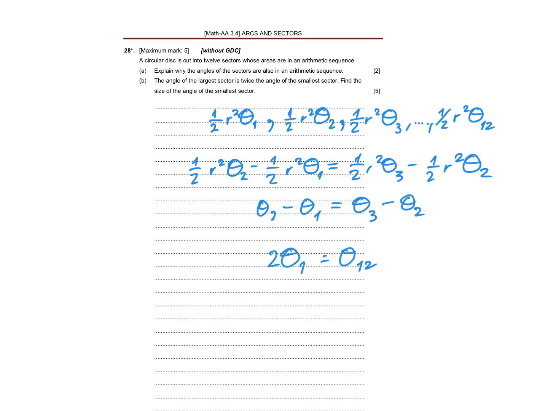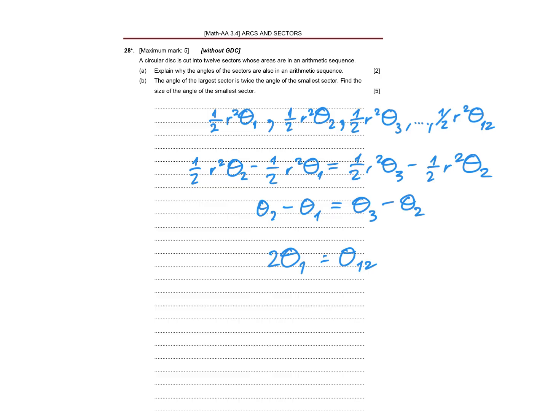So you have to use the sum. You have to use the sum because that's the only other thing you have. Now, you know the sum of all of these angles is going to add to 2 pi because it makes up a whole circle.